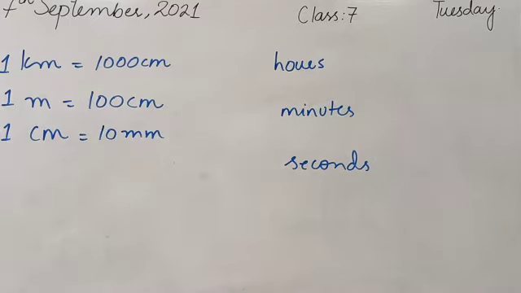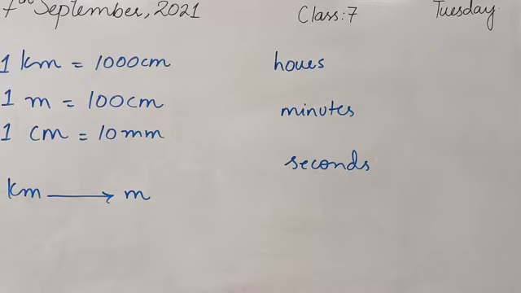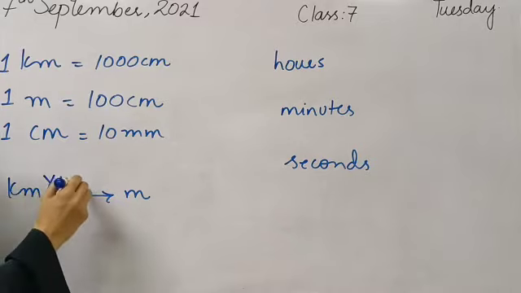Okay. Now keep it in your mind that if we want to convert kilometer into meter, what will we do? Kilometer is the larger unit and meter is smaller. So what will you do? You will multiply by 1000.